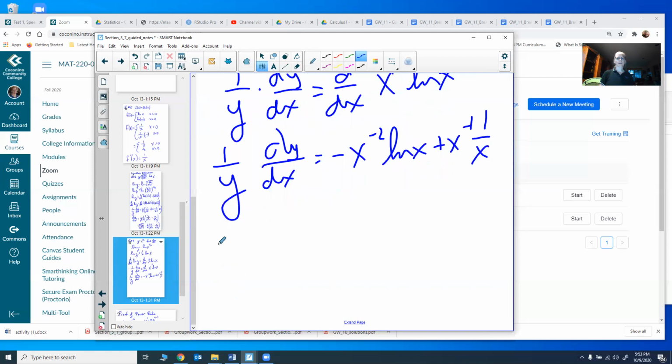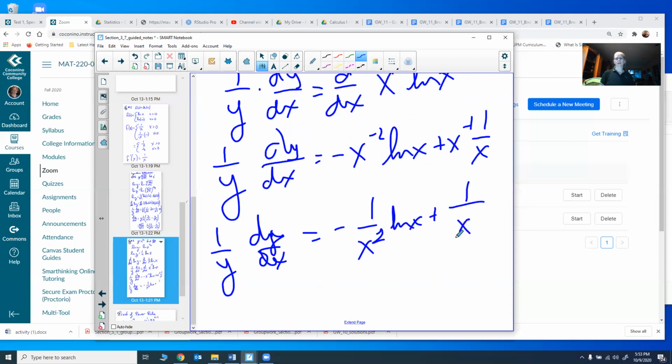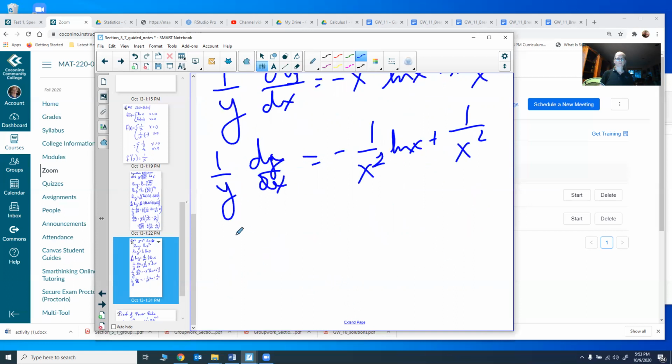And so what I have now is 1 over y dy dx is equal to negative 1 over x squared, natural log of x, plus 1 over x times 1 over x is 1 over x squared. First we do want dy dx by itself, so we get dy dx by itself by multiplying both sides by y.